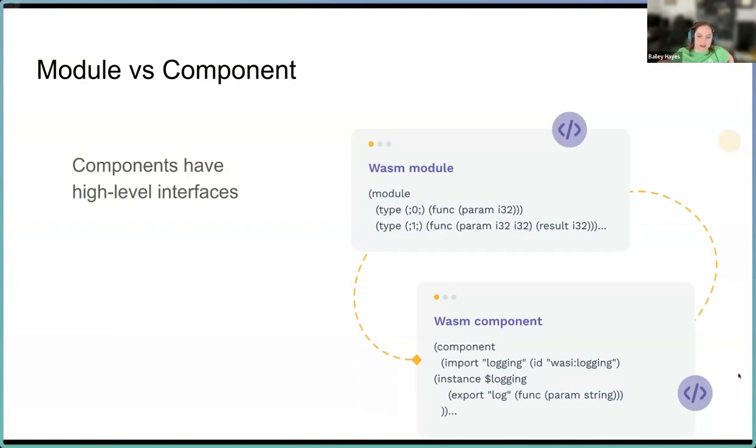Because we now have these high-level types, when I compose two components together, there's a part of the system called the canonical ABI that lets me lift and lower types going from core Wasm module types to the component level definition of those types and back down again to that other component. That is how I have language interoperability. That's the key here, and that's what this enables.